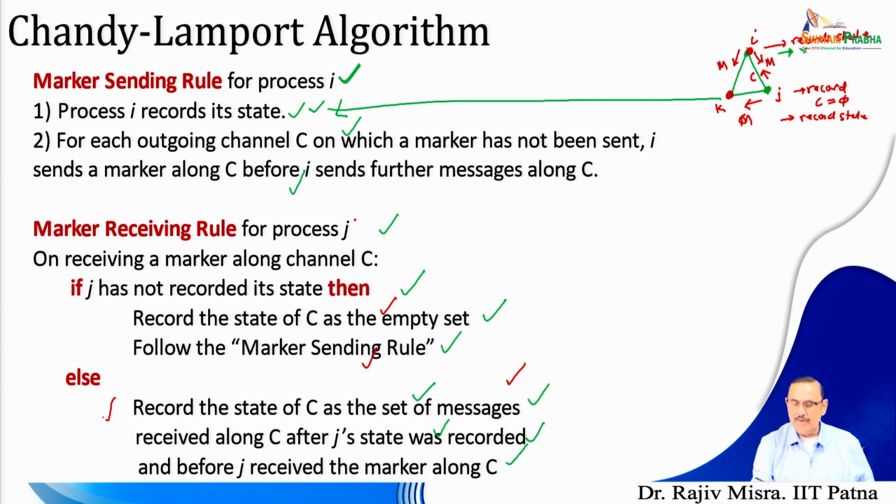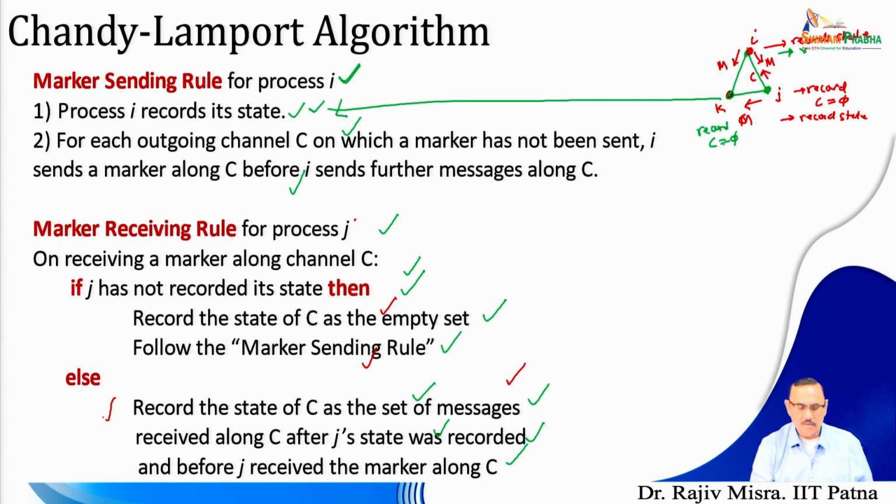So, it will not do anything for this particular message, whereas when this particular message is received, it will run the marker receiving rule. On receiving the marker along the channel, if K has not recorded, then it will record the state of the channel as empty and follow the marker sending rule.